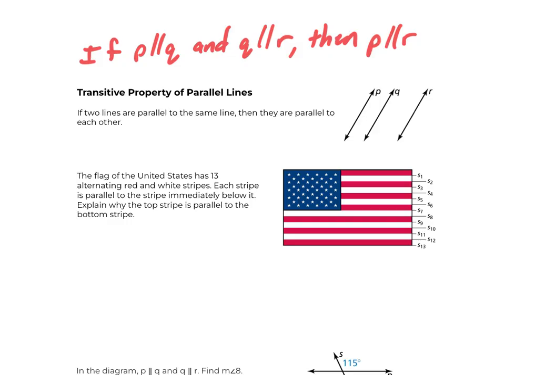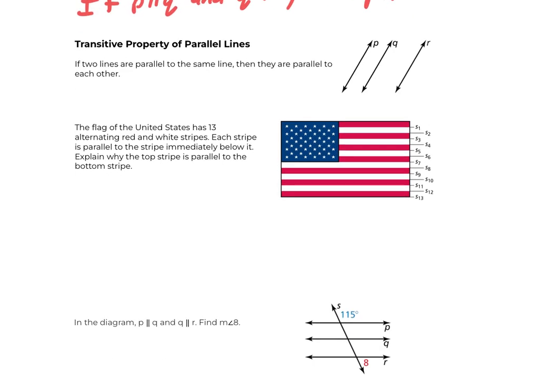So based on that statement, if we have a picture of the American flag here, it has 13 alternating red and white stripes. Each stripe is parallel to the stripe immediately below it. Explain why the top stripe is parallel to the bottom stripe. Well, S1 is parallel to S2.